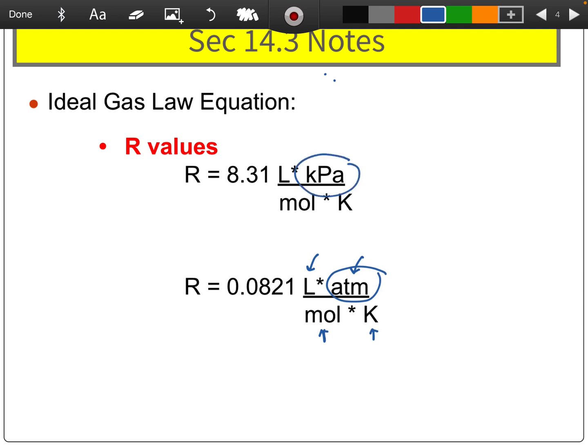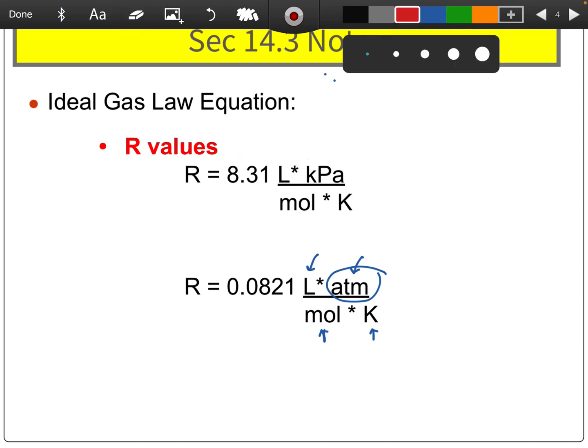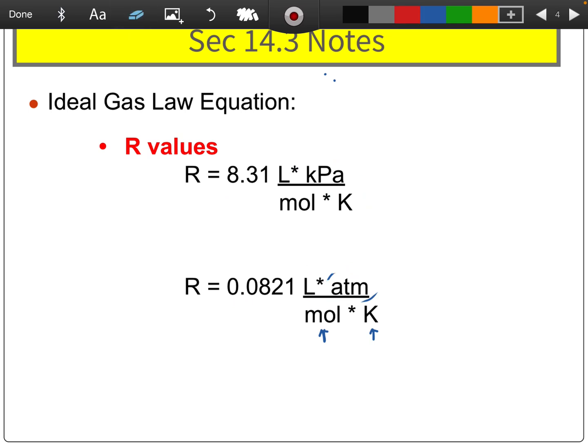So if you notice, pressure is the only difference between these two R values. So if the pressure in the problem is given in kPa, you would use 8.31. If the pressure in the problem is given in ATM, then you would use 0.0821.